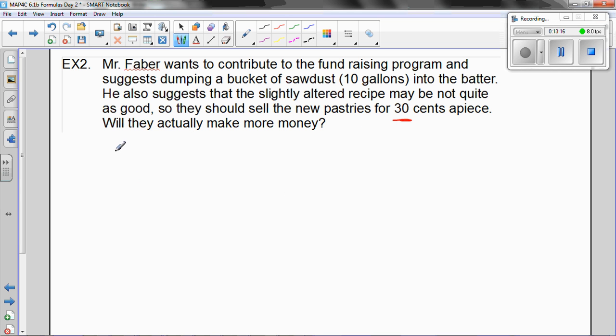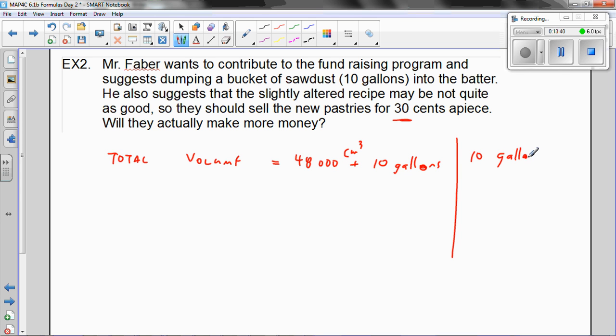Well, and I'm not going to use the grass method. There's a new total volume, right? The total volume was the 48,000 in the pastry tub from Mr. Elliott's class, plus the 10 gallons, right? Now the problem is that 10 gallons, we don't know how much that is in centimeters cubed, right? This was in centimeters cubed. We need the 10 gallons in centimeters cubed.